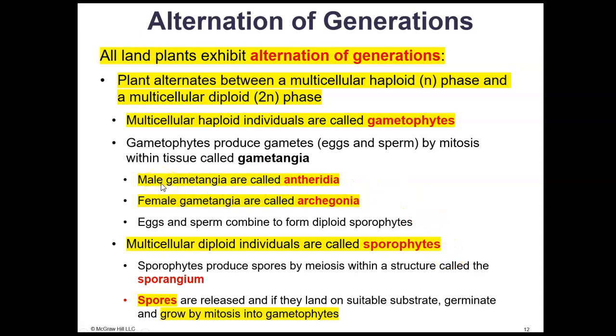We do have sexual reproduction in plants, so the male gametangia are called antheridia. When we get to flowering plants, the male structure is called the anther, the structure that produces pollen.